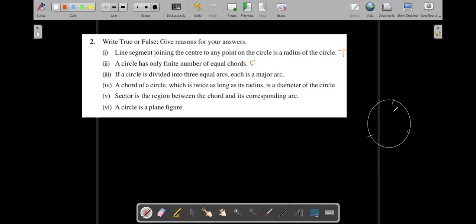Each arc is equal to the others. So how can you say major or minor? We cannot say major or minor; all three arcs are equal. Even if each arc is a minor arc compared to the full circle, they are compared among all three arcs. So it is false. Got it?